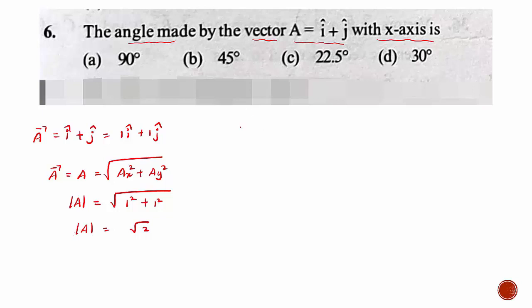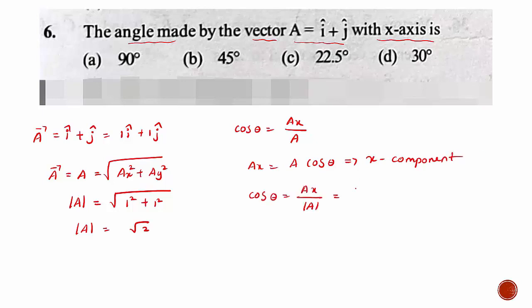But we know the formula for direction: cos theta equal to ax divided by A, or we can write ax equal to A into cos theta. This is what we already studied. This is called the x component, because here they have given i plus j with the x axis. So we can write ax divided by mod A. Ax is 1, divided by mod A which is root 2.